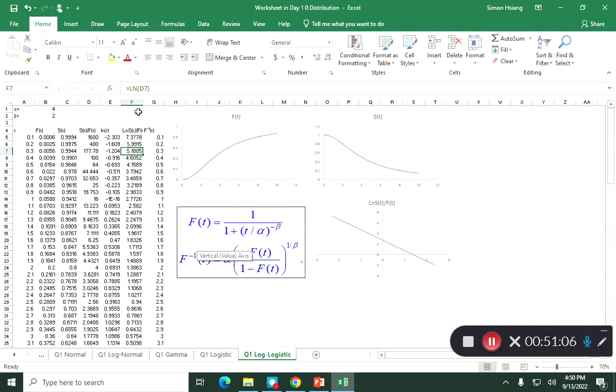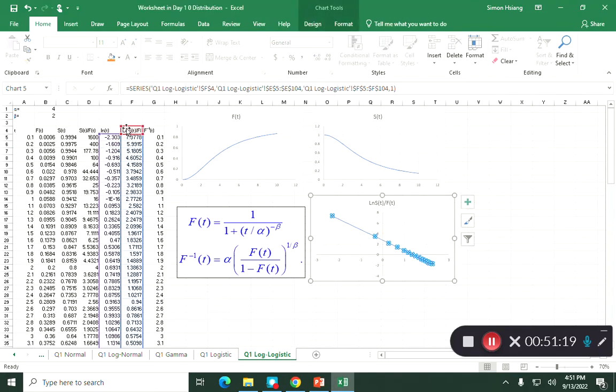So it becomes not log odds ratio against t, it's log odds ratio against log t. So if you use this against log t, it will become a straight line.